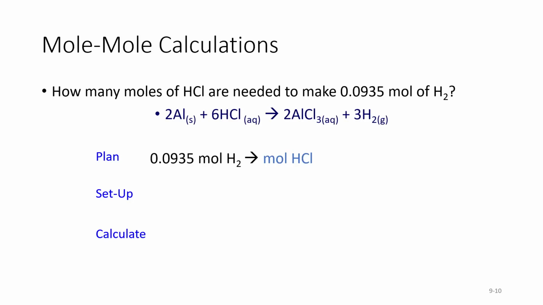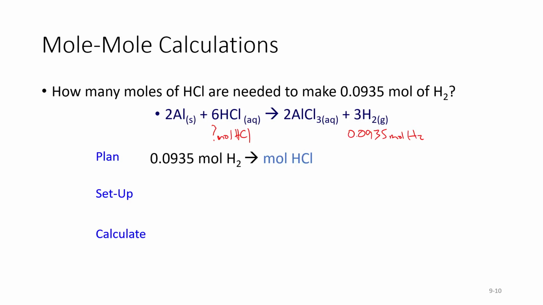So how many moles of HCl are needed to make 0.0935 moles of H2? Go ahead and pause the video and work through this one. Okay, so we have question mark moles of HCl, and we have 0.0935 moles of H2.